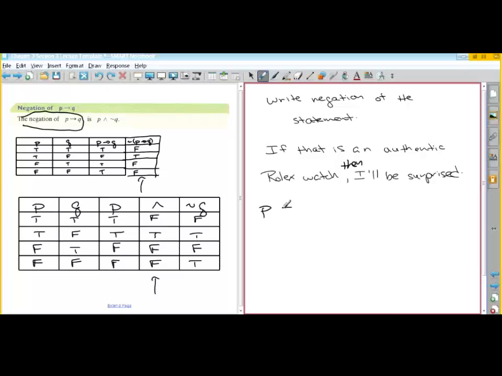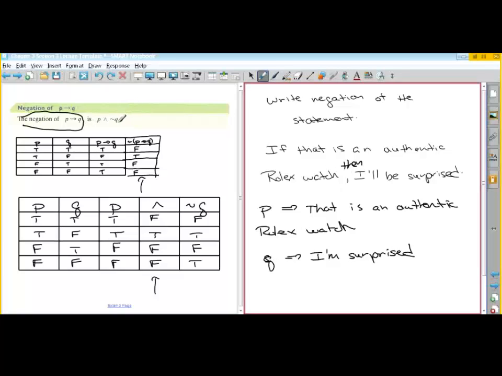Let's explicitly write out statement P. Statement P is that is an authentic Rolex watch. My statement Q is I'll be surprised.